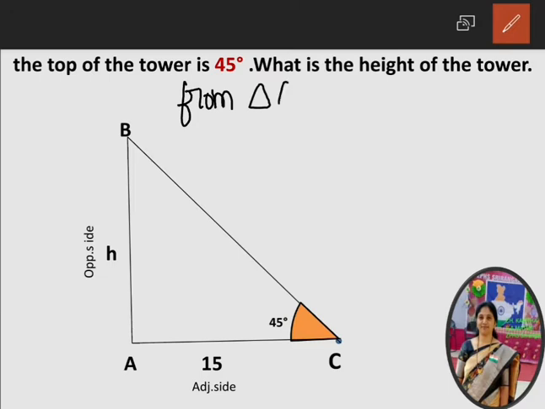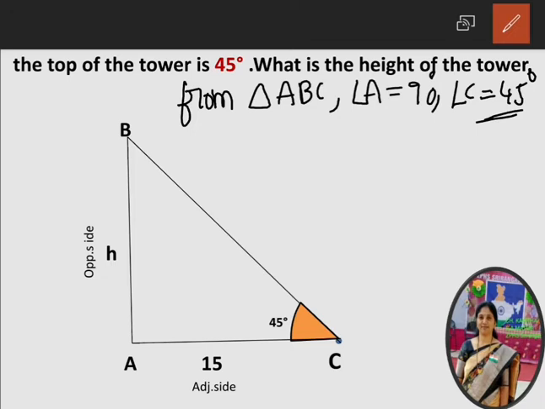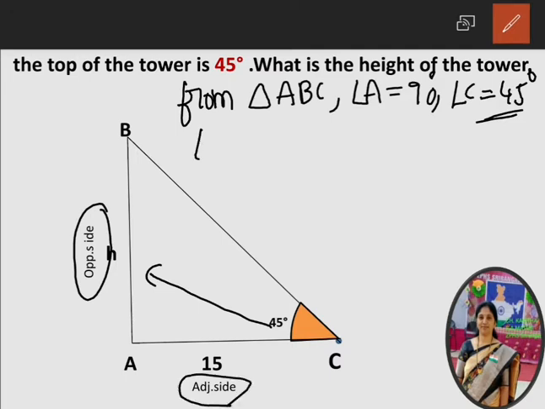From triangle ABC, here we know that angle A is equal to 90 degrees clearly and angle C is equal to 45 degrees. And we already indicated this AB becomes the opposite side, this becomes the adjacent side. So we can write the tan theta formula.